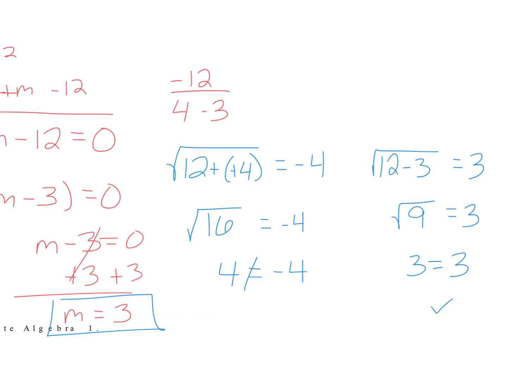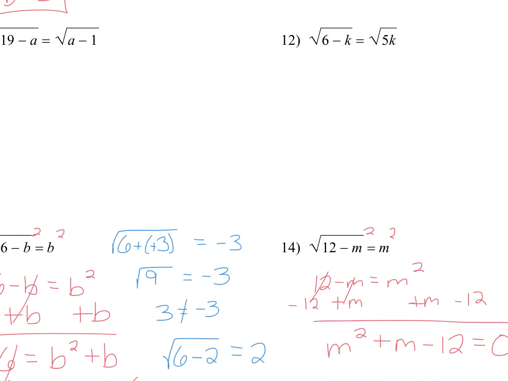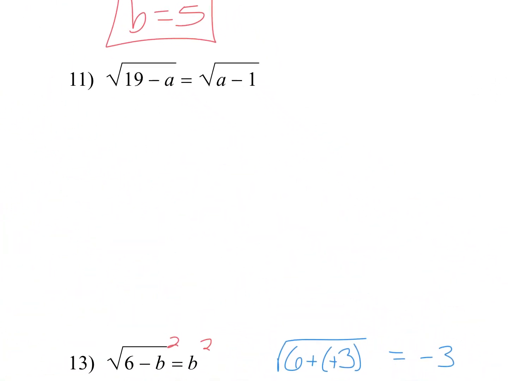Okay. So look at 11. We have two radicals. Can we square right away? Yes. Yep. So square both sides. So we have 19 minus a equals a minus 1. What do we want to do next?